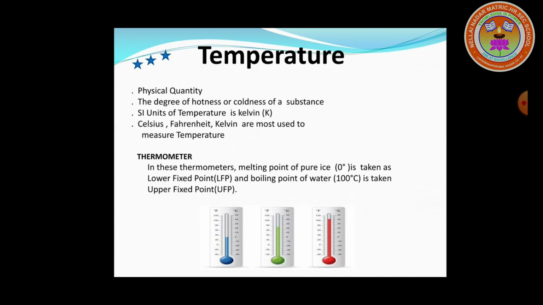In the Celsius scale, the upper fixed point is 100 degrees Celsius and the lower fixed point is 0 degrees Celsius. 100 minus 0 is equal to 100, so the number of divisions in the thermometer is 100.